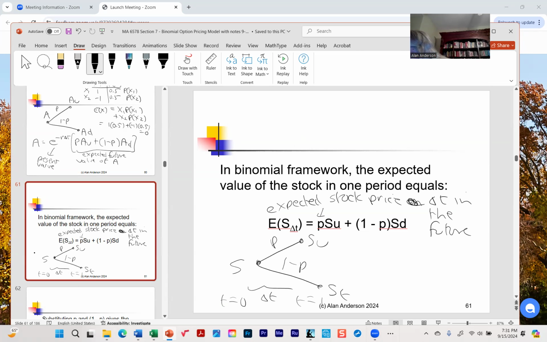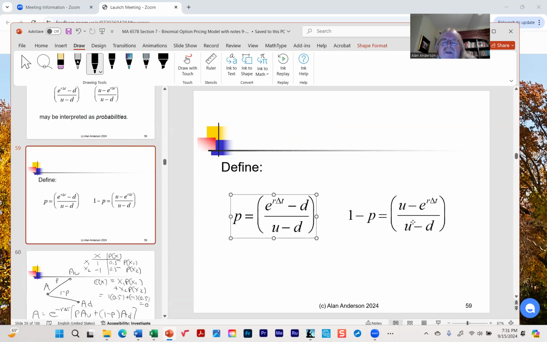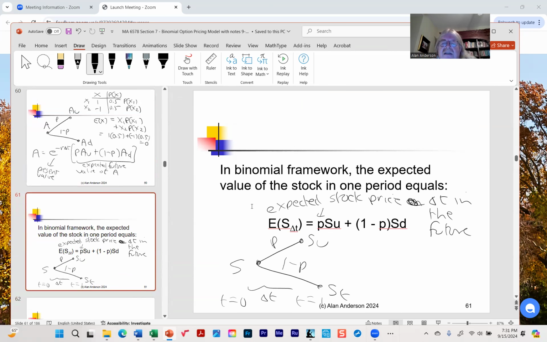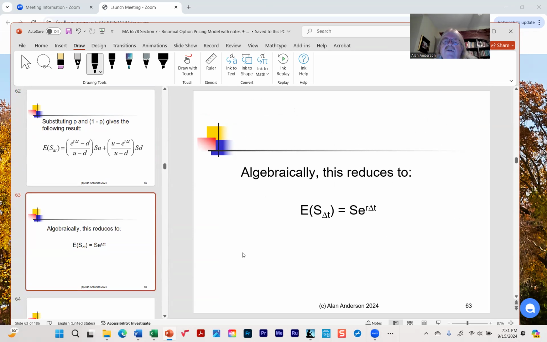If we go up, we go to SU. If we go down, we go to SD. So what we're going to do is substitute those two definitions I just showed you, and let's see what happens. The P is replaced by this expression, and the 1 minus P is replaced by this expression. And you'll be surprised, well, maybe not, that when you go through all the algebra, wow, you end up with the future value of S, where the rate of return is the risk-free rate of return.